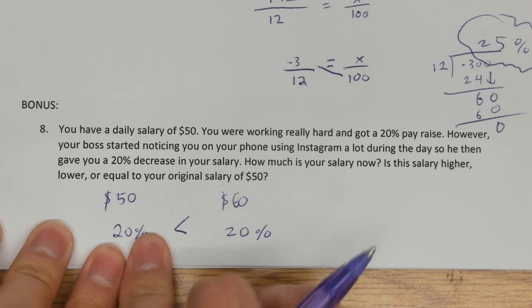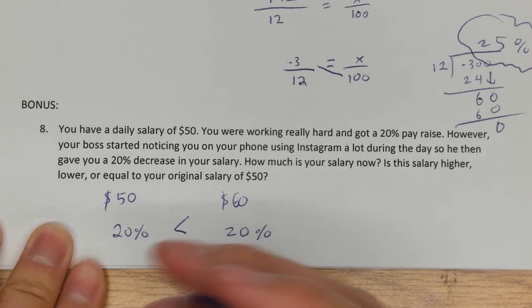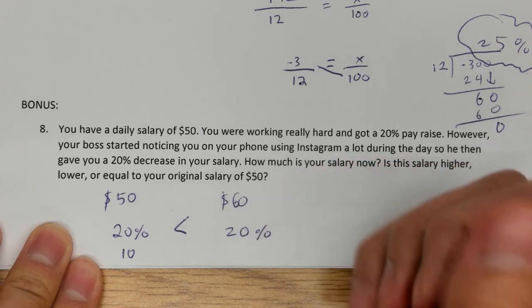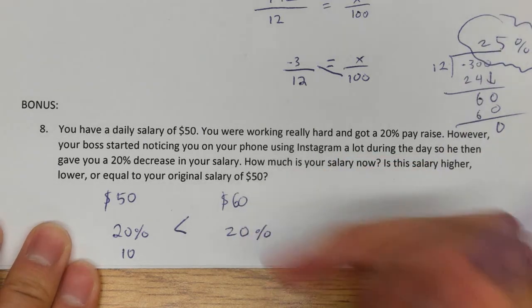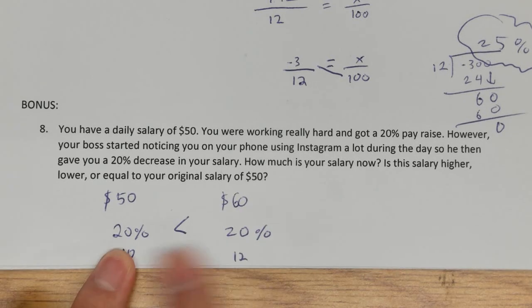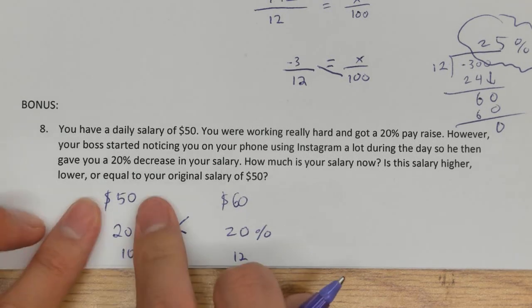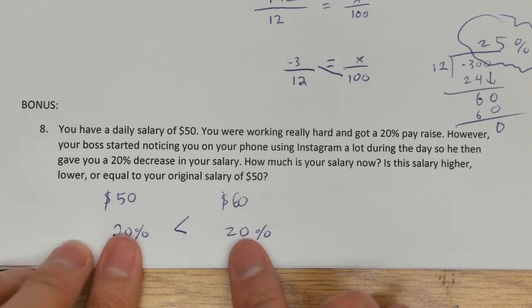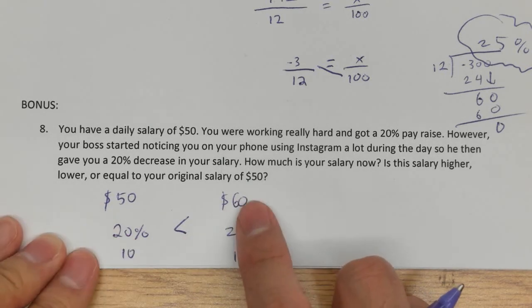Like 20% of 50 is simply 10, but 20% of 60 is 12. That makes sense, right? If you take 20% of 50, it's going to be smaller than 20% of 60 because you're taking 20% of a bigger number.